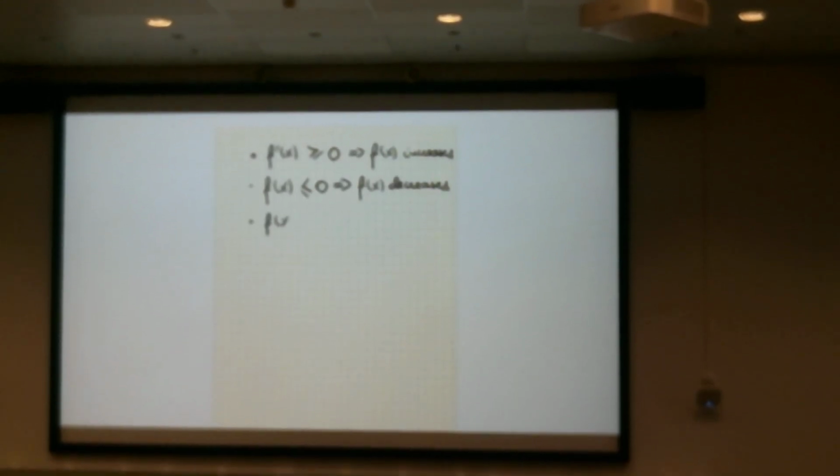Well, where the derivative is equal to zero, then f of x, so the function, neither increases nor decreases, which means that in effect it's stabilized. It stopped changing, which implies that it either reached its maximum or minimum. So we're going to dedicate a bit more time to this third case, but I want to start with these two.